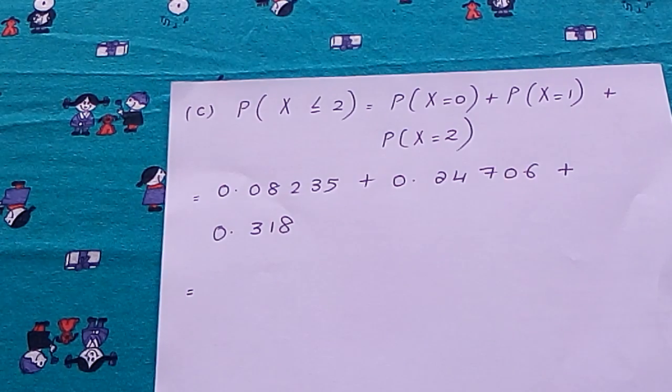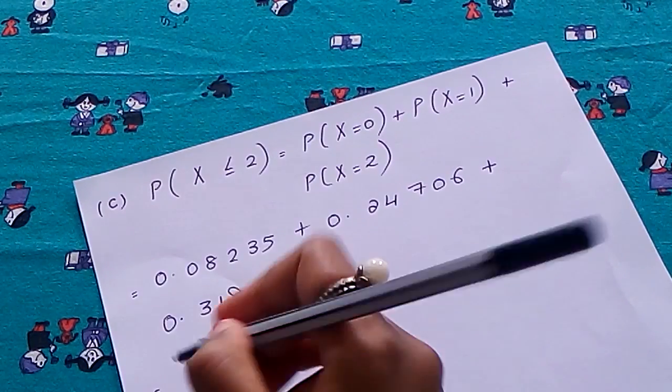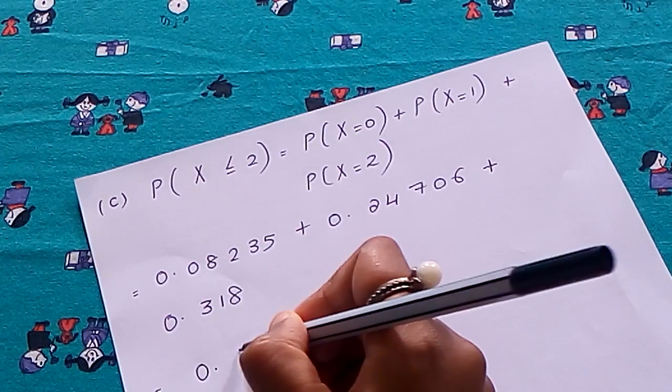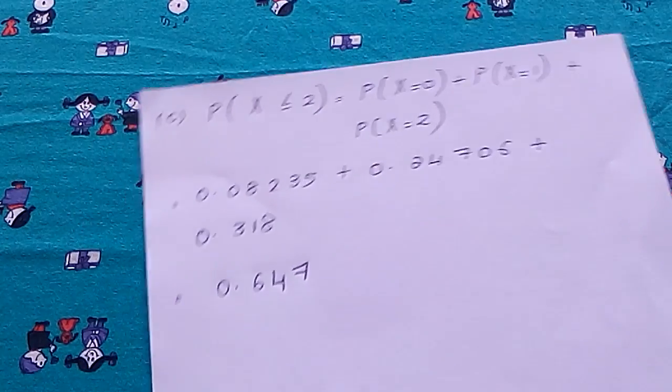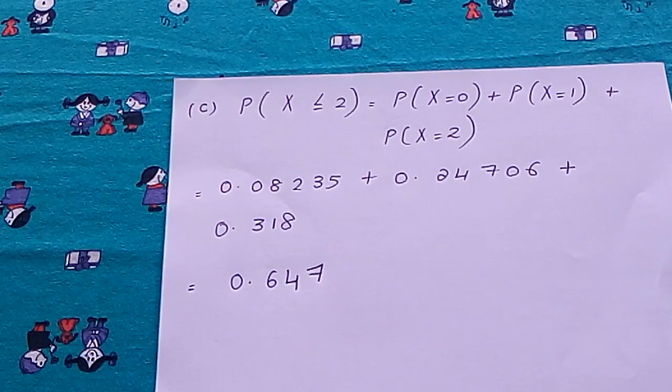So without calculating again using the calculator, we can simply take the values from the previous part. So adding the probabilities, we have 0.647. So this is the answer for part C.